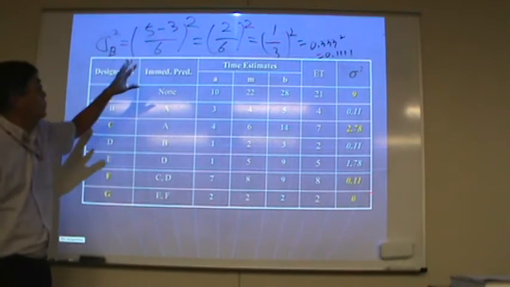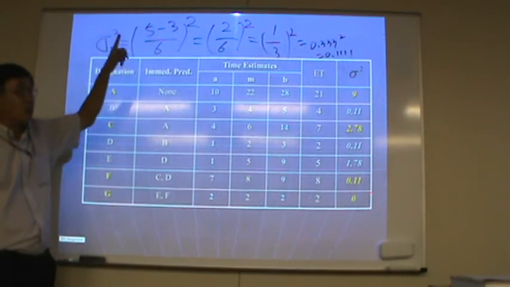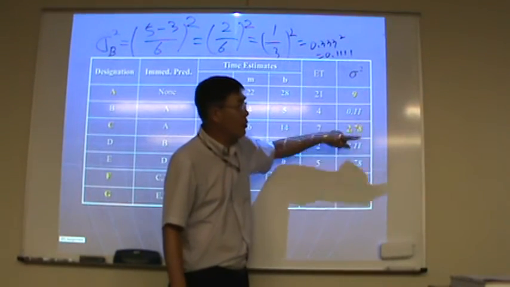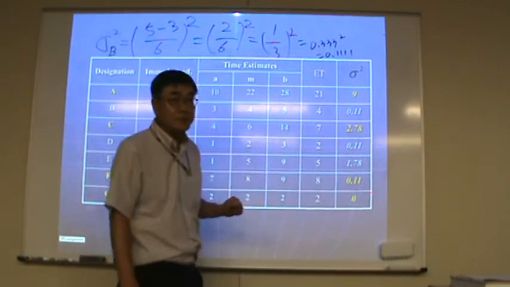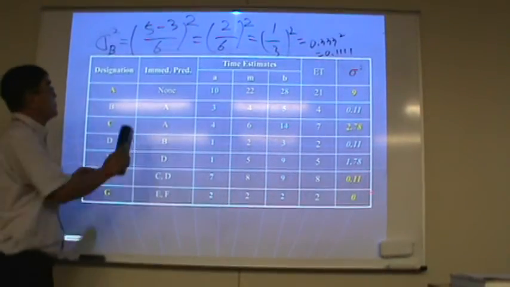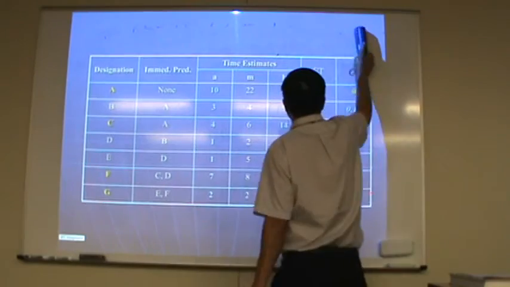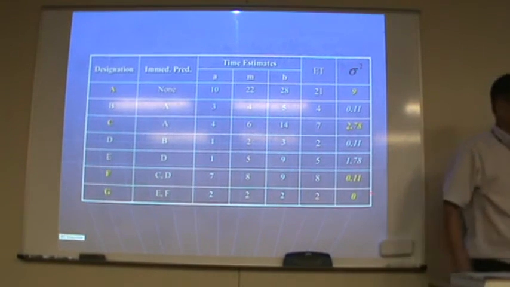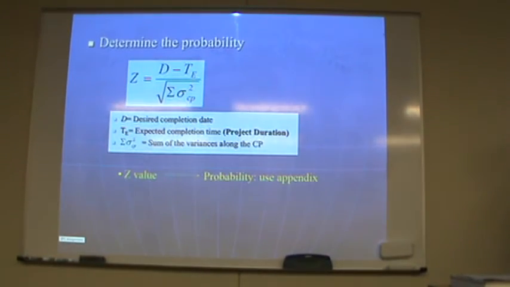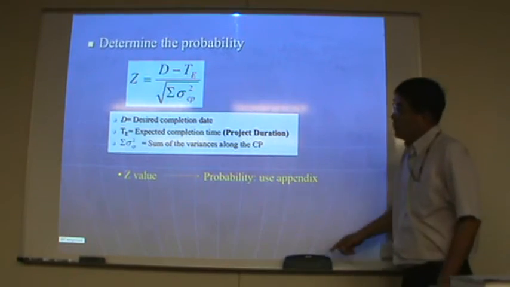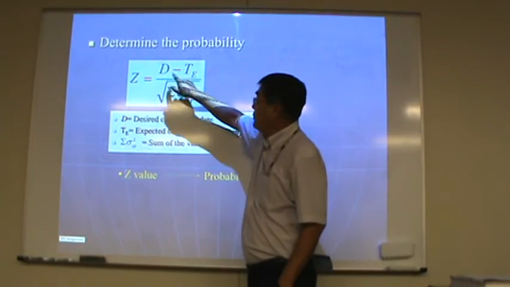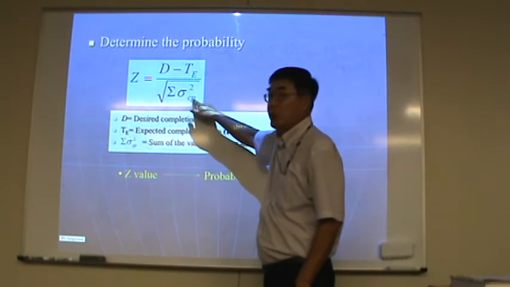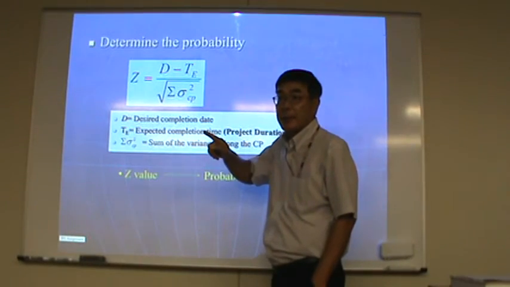So using this formula, (B minus A) divided by 6, squared, you can get the variance for each activity: 0.11, 2.78, and so on. D is 35 minus 38, divided by the square root of the sum of variance on the critical path only.